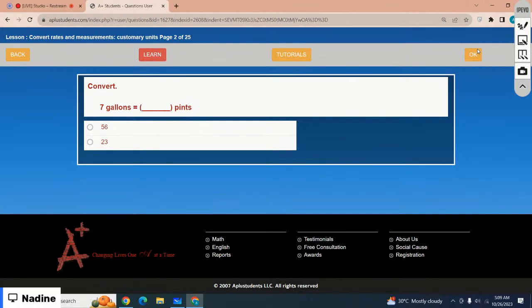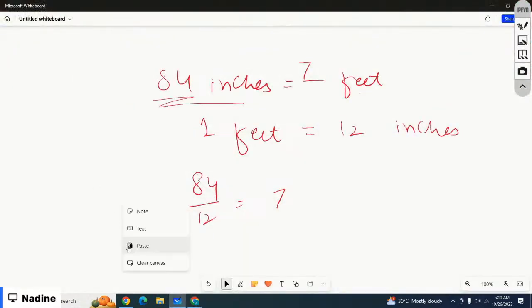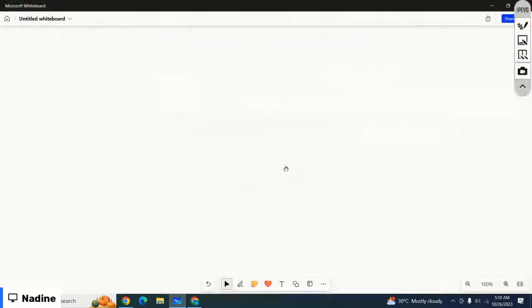Okay, the next one is 7 gallons equal how many pints? You have to convert from gallons to pints, right? 1 gallon equals 8 pints, right?